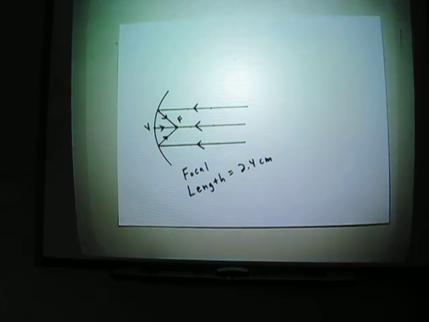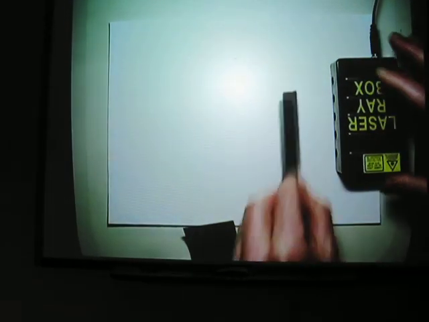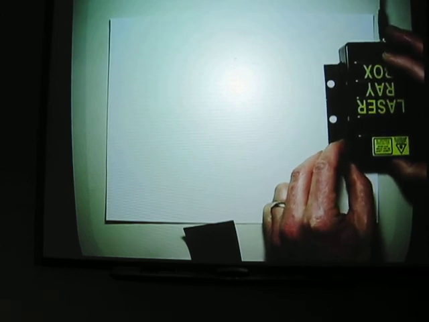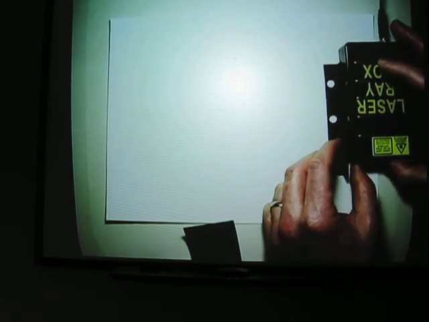Now let's do the same thing for the convex mirror, which is really just the other side of the mirror. So I'll set up my ray box again so I have 3 rays being emitted. But now instead of going to the concave side, I want to go to the convex side.